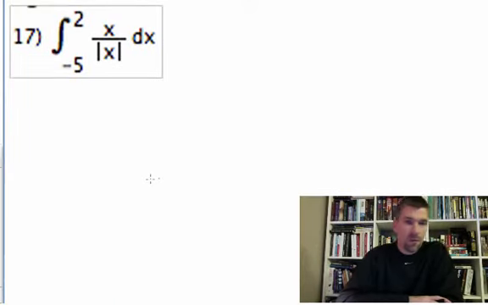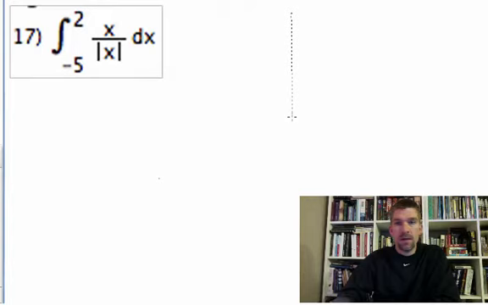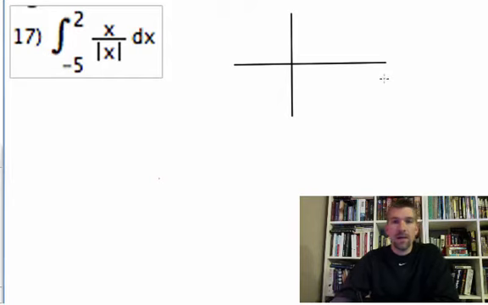Okay, we've got the integral from -5 to 2 of x over the absolute value of x dx, and this is a really interesting looking shape. And again, we're going to graph this puppy. So to do that, just give yourself an x and y axis here. This actually is not too difficult of a shape to graph. Remember, we're talking about a shape that says any number divided by the absolute value of that same number.